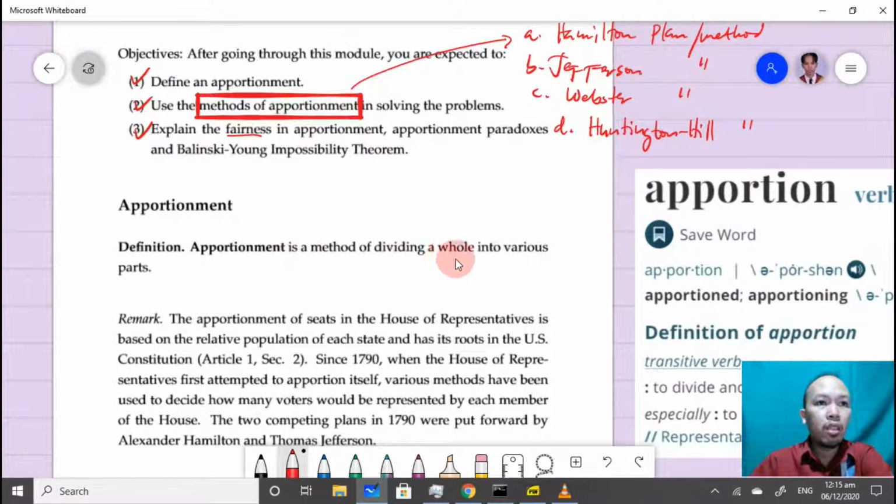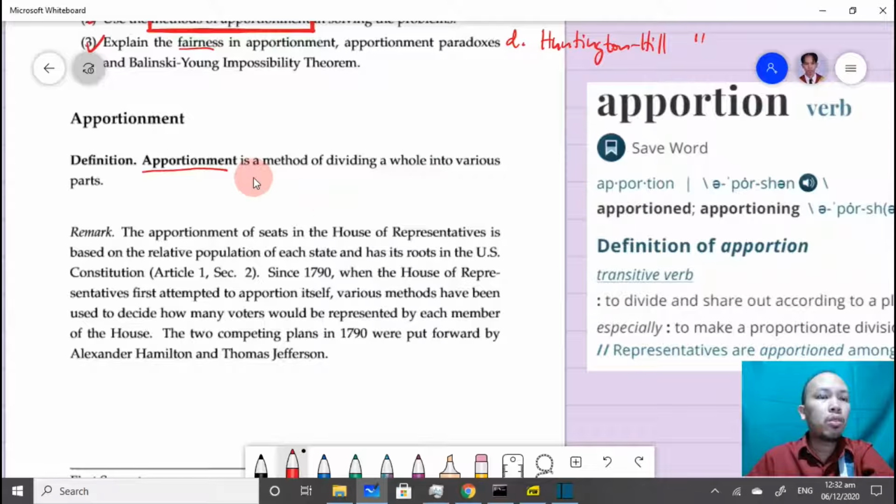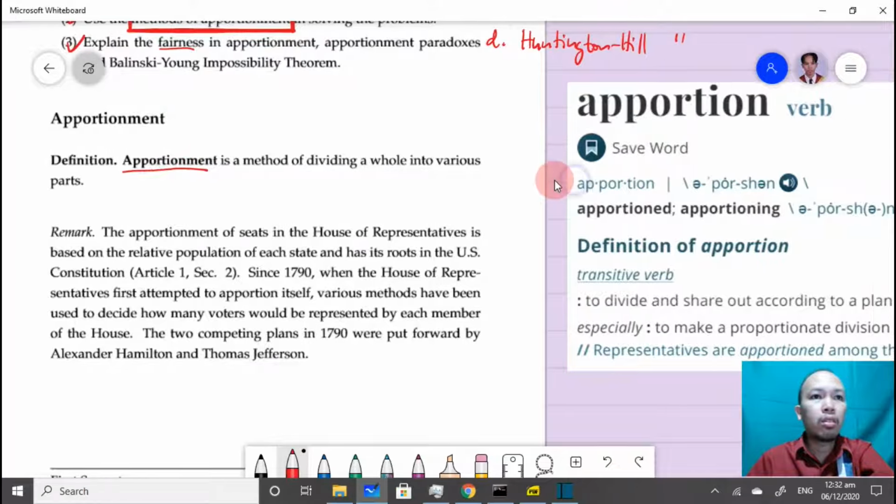Before we go forward, let's look into the verb form of the word apportionment here in this definition, because there's something that I have to elaborate more. This is not just dividing something into various parts. There's an important word here.